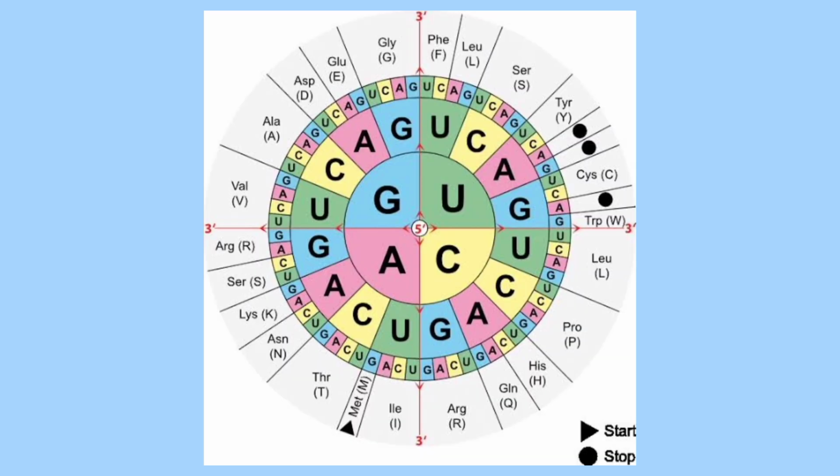The flow of genetic information in a cell follows a concept called the central dogma, which was proposed by Francis Crick. The central dogma explains that genetic information flows in three main steps: DNA to RNA, then RNA to protein.